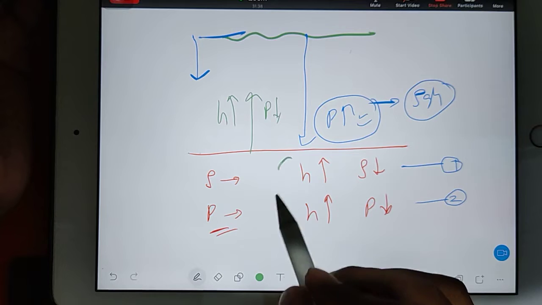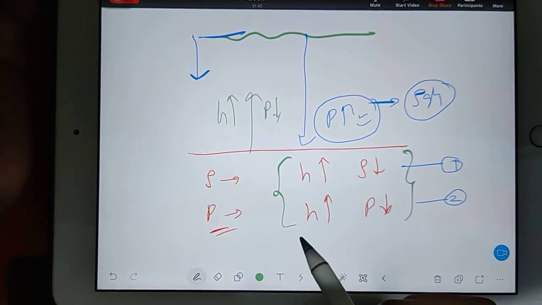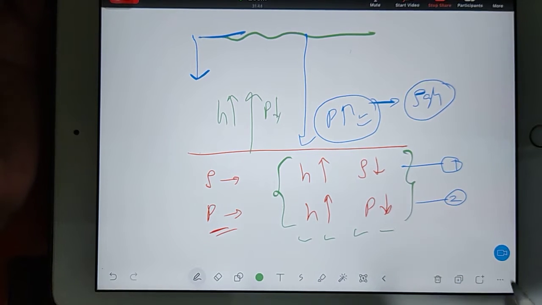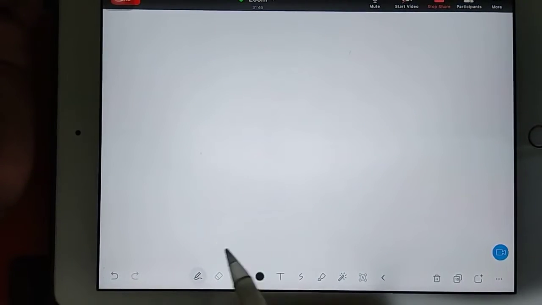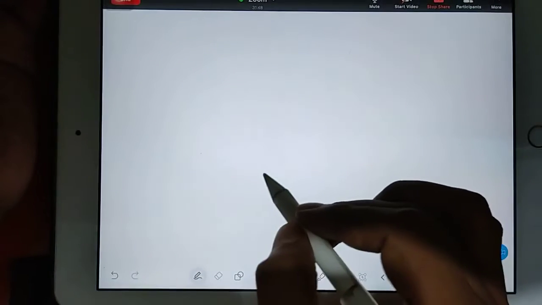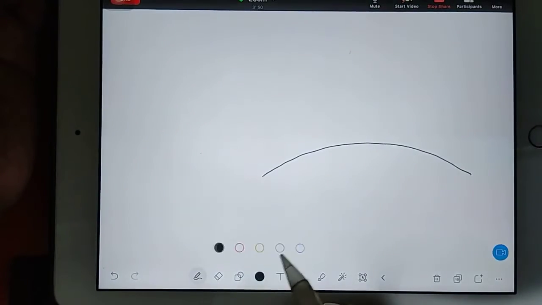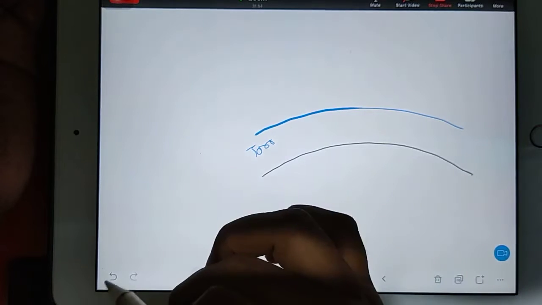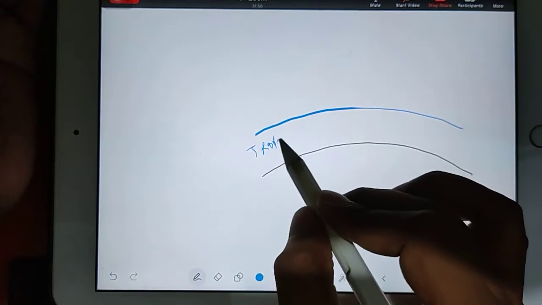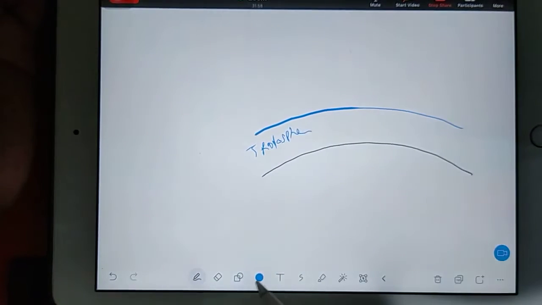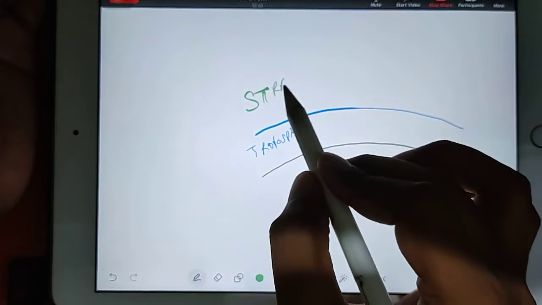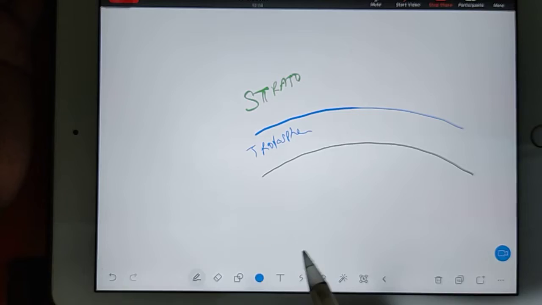Now these two variations are happening in all the atmosphere, in all these spheres. So based on this, if I ask a rough question, this is the Earth surface, and here you have the troposphere, and then here you have the stratosphere.